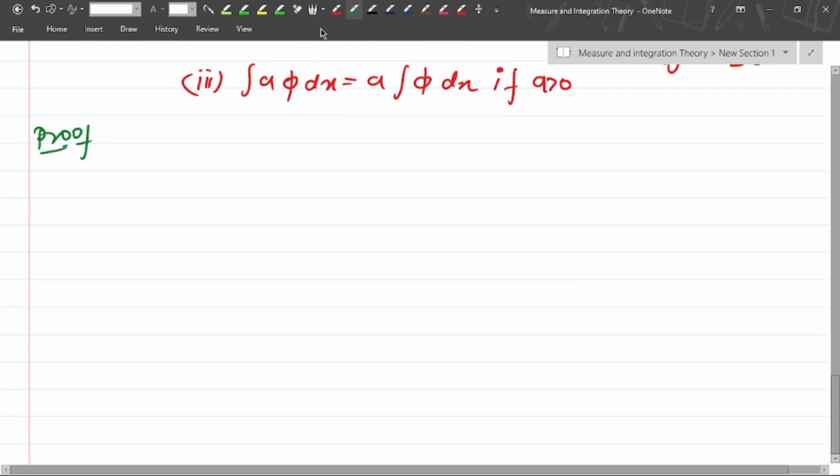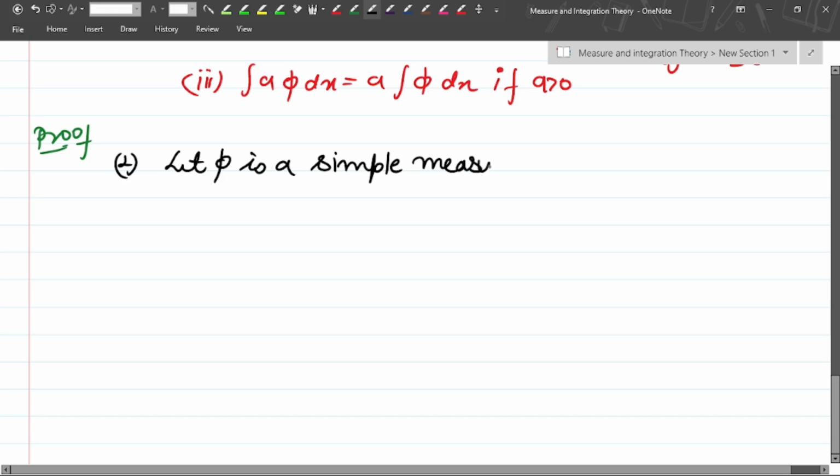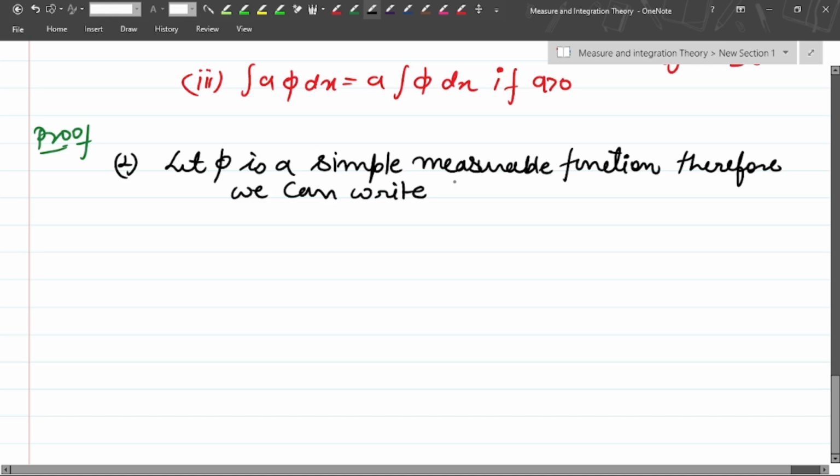Proof number one. Let phi be a simple measurable function. Then we can write the integration of phi over E as follows.